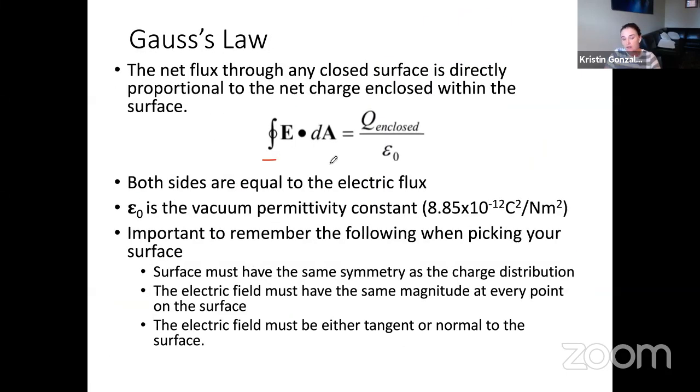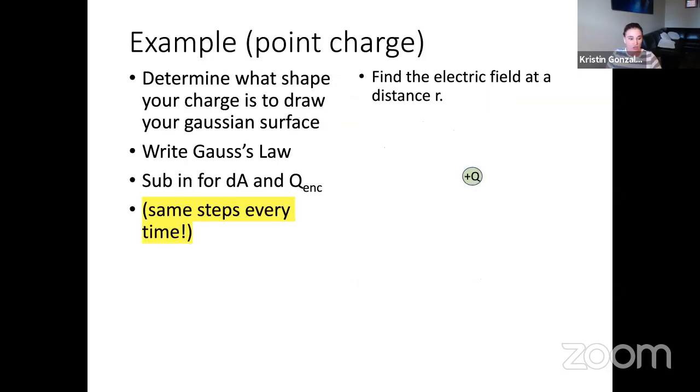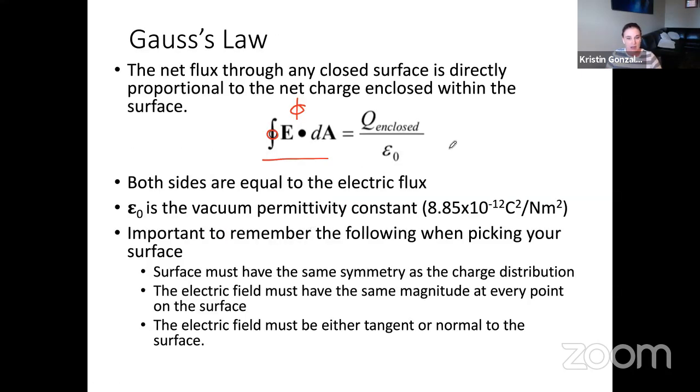We can use that integral of E dot dA, which when we draw our Gaussian surface, we have to integrate across the whole surface. That's going to be a closed integral. So we could say that side is the electric flux, but also the right side is the electric flux. We could also find it by finding the charge enclosed divided by epsilon naught. And epsilon naught is the vacuum permittivity constant.